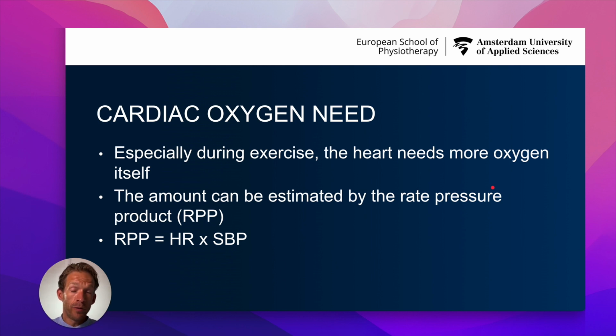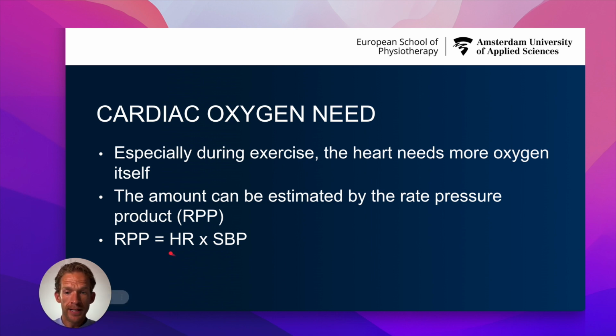Well, if you remember one of the previous videos where we looked at the oxygen need of the heart through the capillary arteries, the heart needs its own blood supply. And in cardiac physiology, you often can use the rate pressure product, RPP in short, to calculate the required O2 for the heart itself.